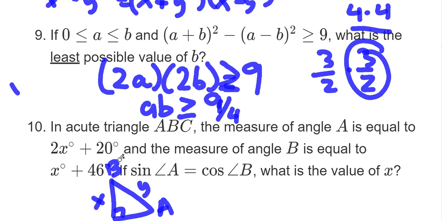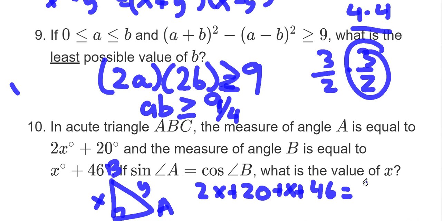Okay, so angle A is equal to this, angle B is equal to this. What's the value of x? We know that 2x plus 20 plus x plus 46 has to equal 90.